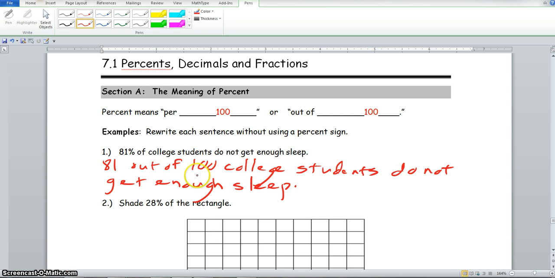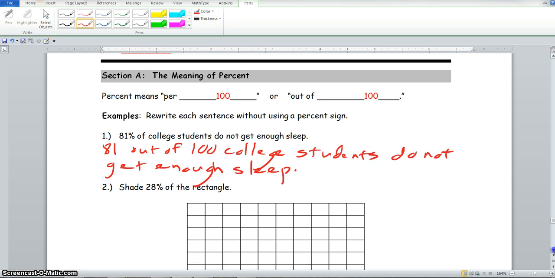So 81 out of 100 college students do not get enough sleep. Now you can also rewrite this as 81 per 100 college students do not get enough sleep. So that's fine as well.